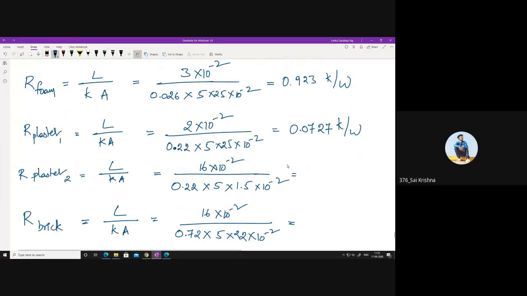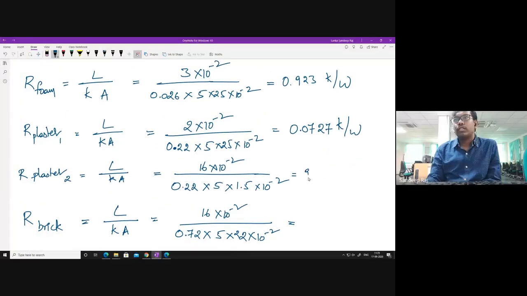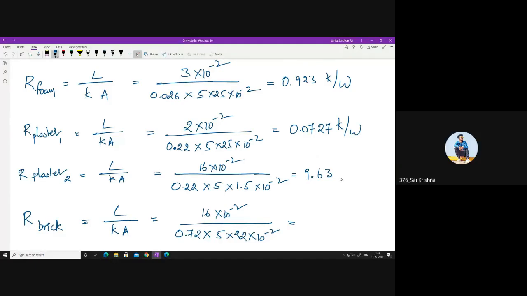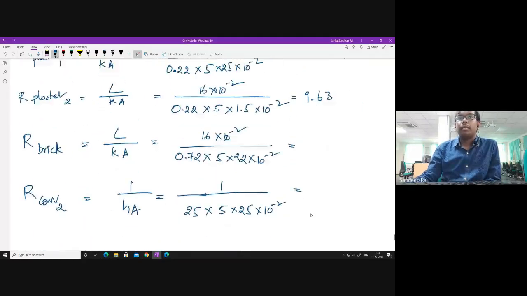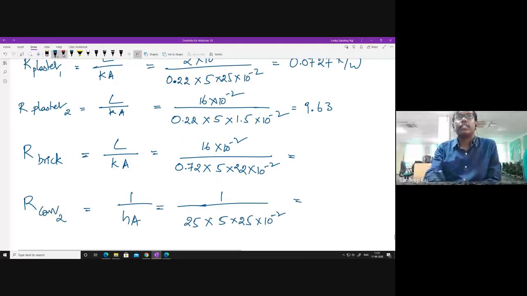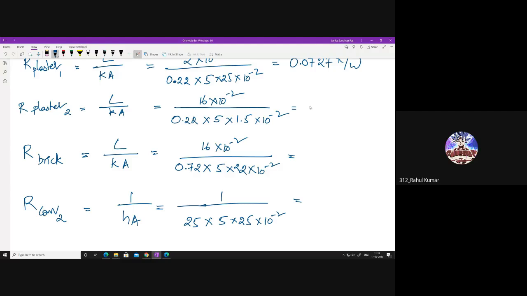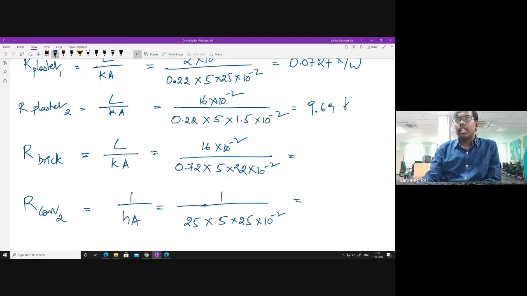R cluster 2? Your voice is not audible. Somebody tell me what is R cluster 2, R brick, and R convection 2. 9.69 Kelvin per watt.